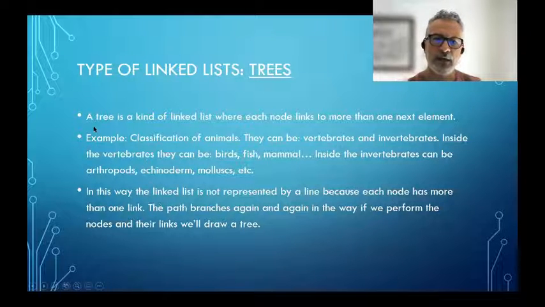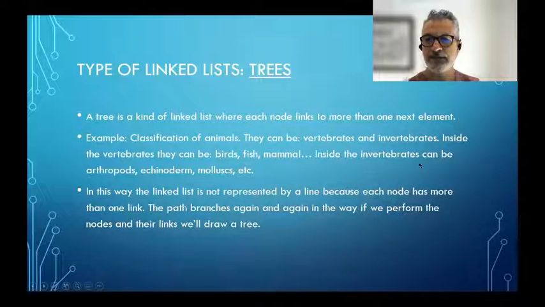Trees. A tree is a kind of linked list where each node links to more than one next element. Example, when we classify animals, they can be vertebrates and invertebrates. Inside the vertebrates, they can be birds, fish, mammals.